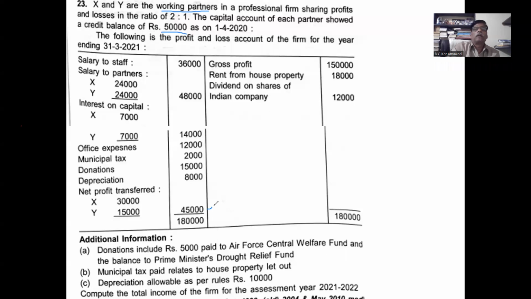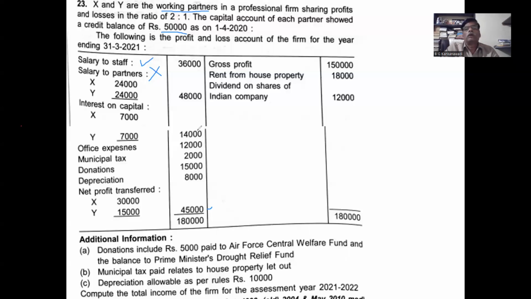You take the 45,000 net profit. Staff salary is allowable, salary to partners is disallowed. Interest on capital is 14,000, less allowable. Allowable is 12% of capital.